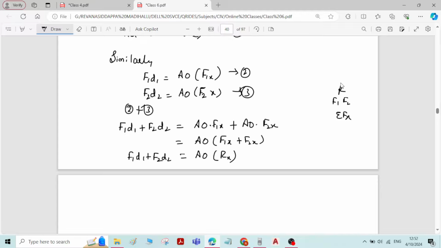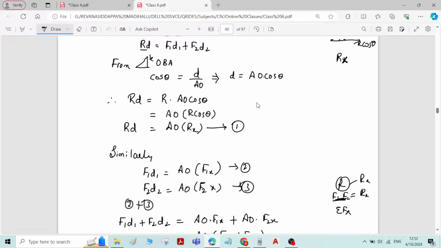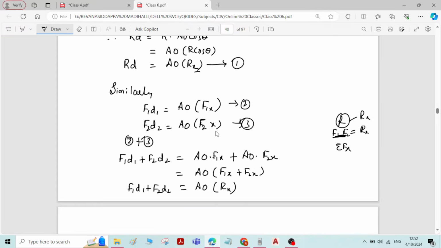Using the resultant force we have Rx, and using the horizontal components of the system of forces we get the same value. We saw this while solving problems on coplanar concurrent system of forces.